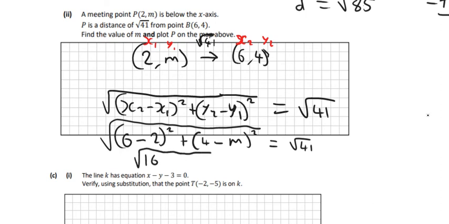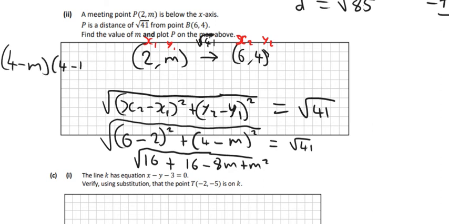So root of 16 plus, here we actually have double brackets, so you must multiply them out. So it's 4 minus m, 4 minus m, so you get 16 minus 8m plus m squared. You can use the grid method if you want, but what you should get is 16 minus 8m plus m squared, and all of that is equal to root 41.